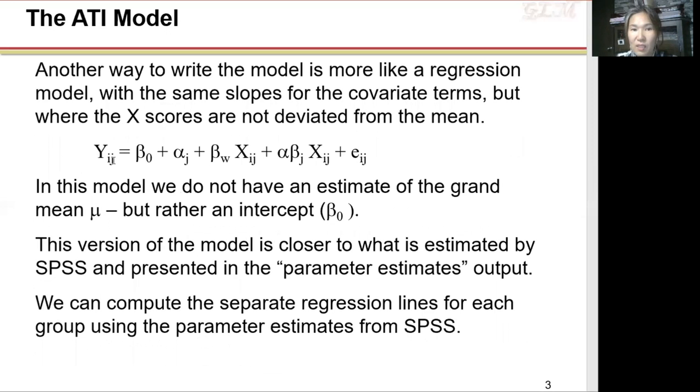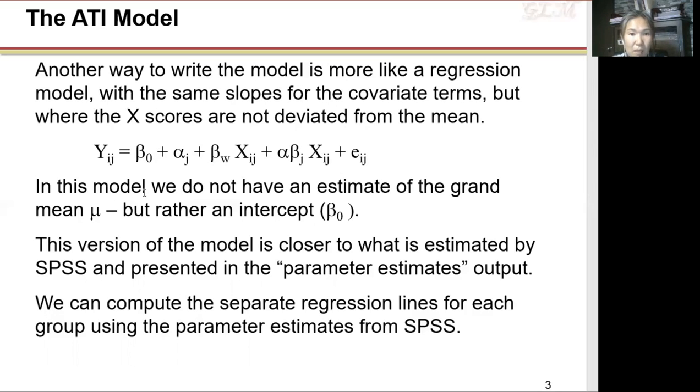All right, so here, another way to write the model is more like a regression model with the same slopes for the covariate terms, but where the x-scores are not deviated from the mean. So beta 0 plus beta 1 x1 plus beta 2 x2 plus beta 3 x1 times x2 plus eij.